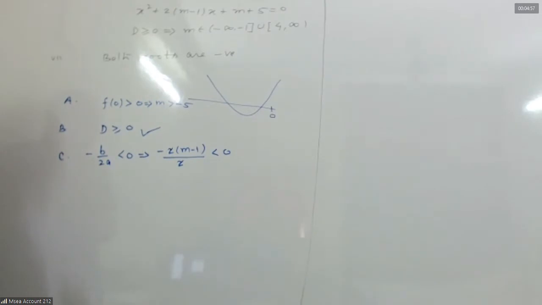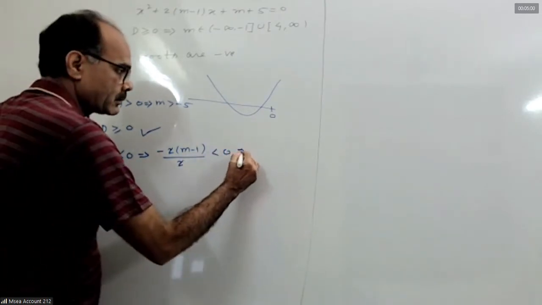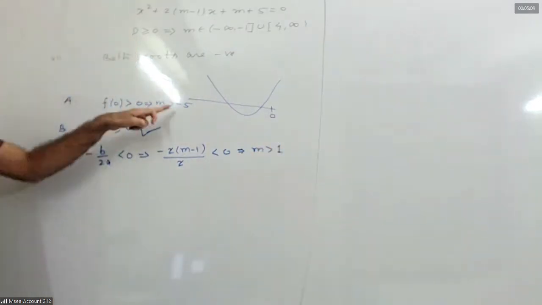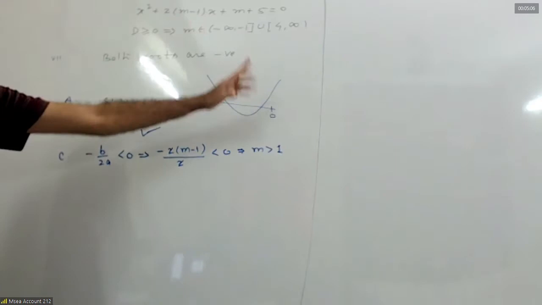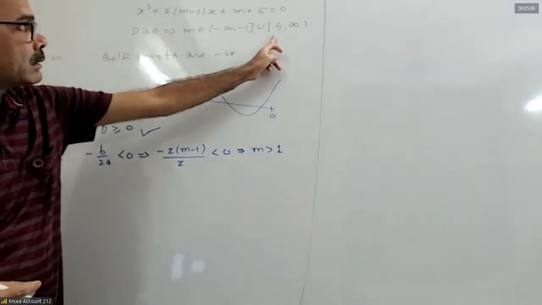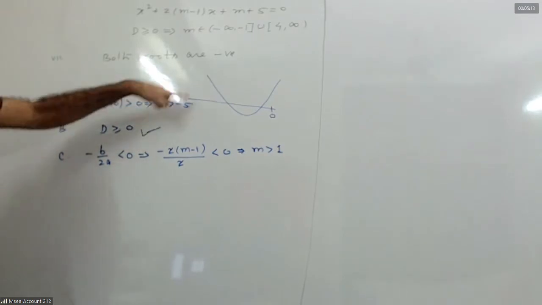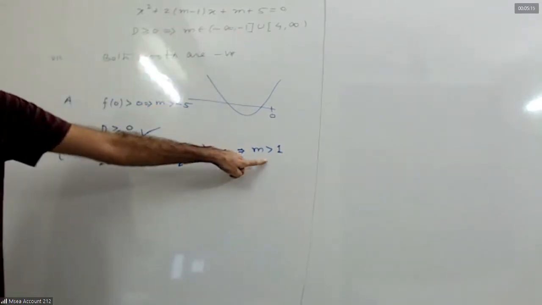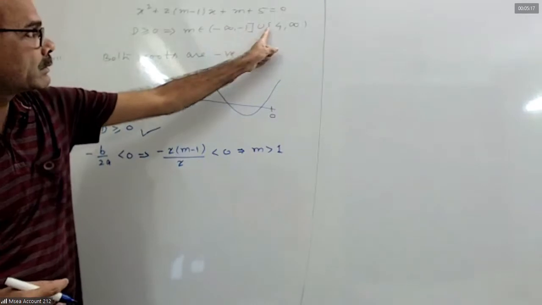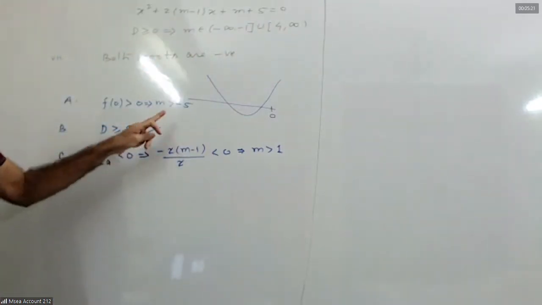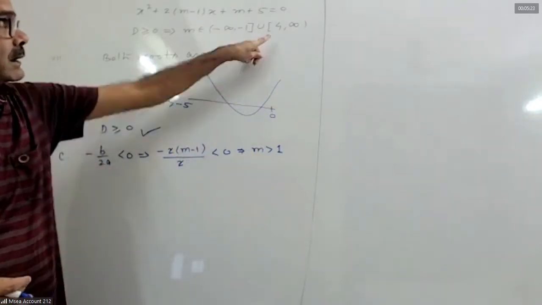Minus m is less than -1. M is greater than 1. Once you check it, m greater than -5, m greater than 1. So what is the answer? Intersection of all these three sets. Okay, minus 5. So what is the intersection?